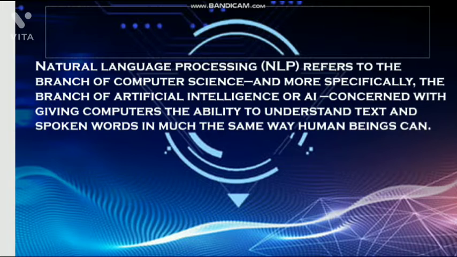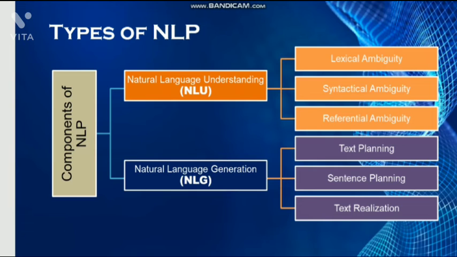So now we will discuss some of the components of NLP. There are two basic components of NLP: the first one is NLU, natural language understanding, and the second one is NLG, natural language generation.